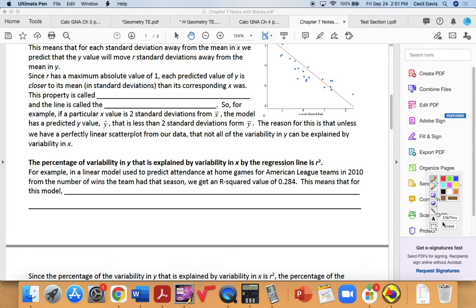That means that for this model, 28.4% of the variability in attendance is accounted for by variability in wins.